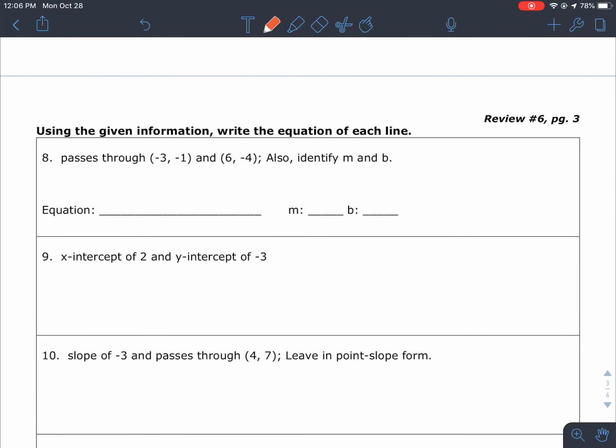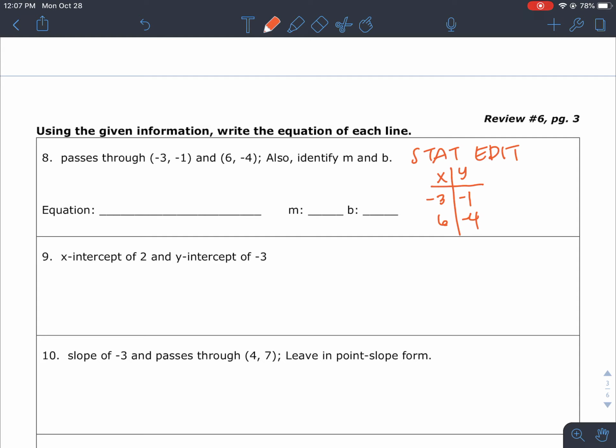Number 8, so use the given information, write the equation of each line. So number 8 is where I would use stat edit. So I'm going to make my XY chart. I would plug those into stat edit.